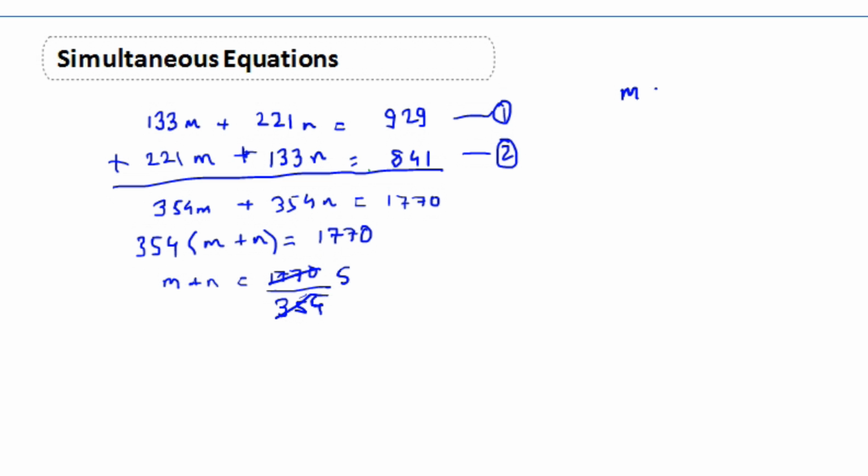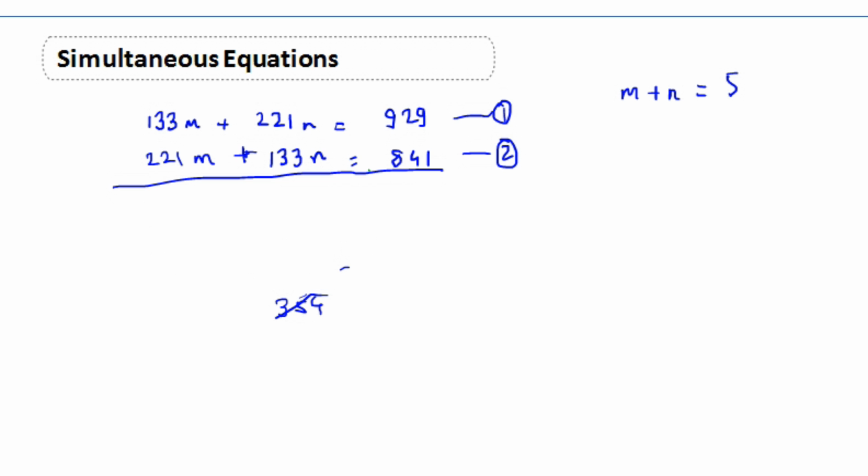So I'll just write that here for the moment. m plus n is equal to 5, and then let me erase all this, and what I'll try and do is that instead of finding the sum, I'll find the difference between both these.